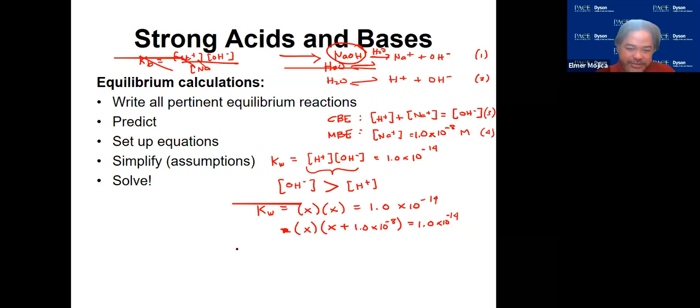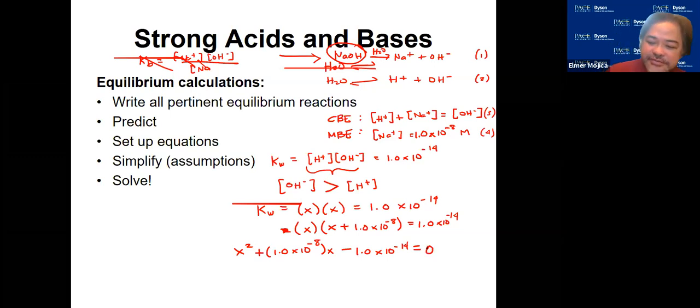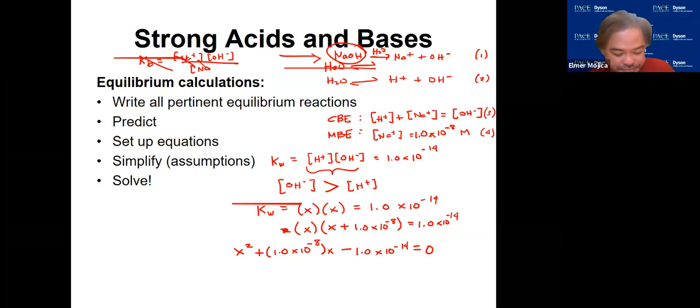Because what will happen, this will become X squared, okay, plus 1.0 times 10 to the negative 8 X minus 1.0 times 10 to the negative 14 equals to 0. Okay?